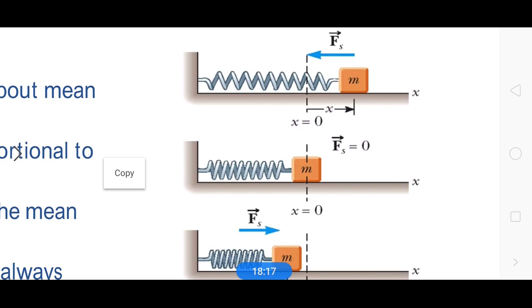And if you observe, the acceleration is also directed towards the mean position. The force is acting towards the mean position, so we can say that acceleration is also acting towards the mean position. By the application of force only, there is a displacement in the body. Means acceleration is always proportional to displacement.